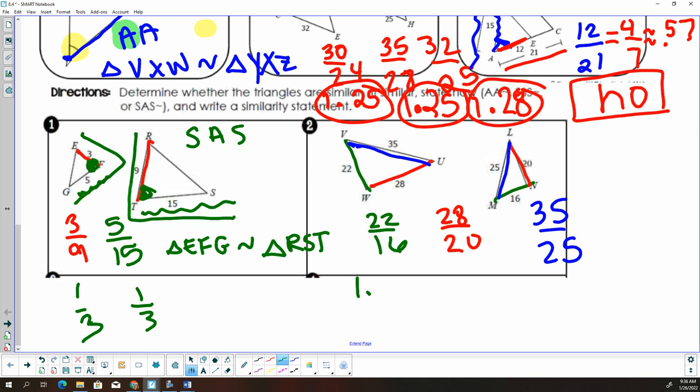I'm going to put 1.375 because we have to be accurate. 28 over 20, what does that reduce to? And 35 over 25? I believe it's also 1.4. So because of this little difference right here, we're going to say no, they are not similar.